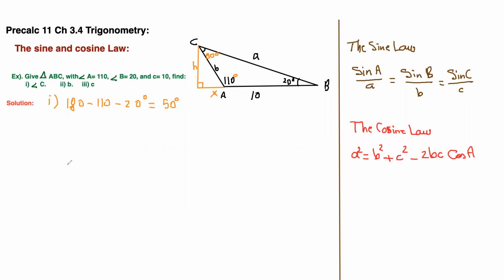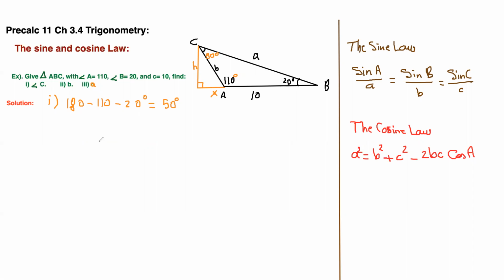And then to find the other unknowns, B and A, that should say A there, it's not as easy.